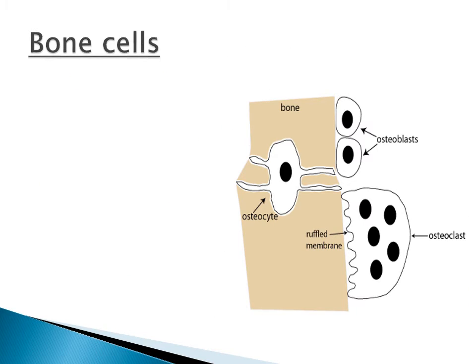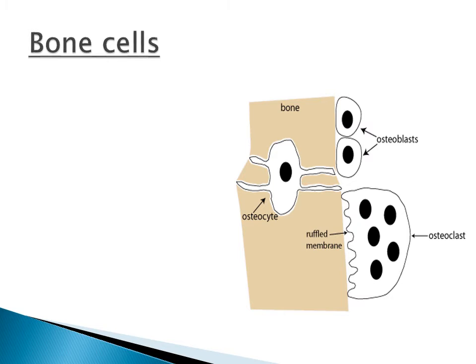This slide shows the bone cells, which include osteoblast, osteocyte, and osteoclast. I will talk about the first type, osteoblast cells, which are responsible for the production of an organic matrix of bone, consisting primarily of collagen fibers called osteoid.